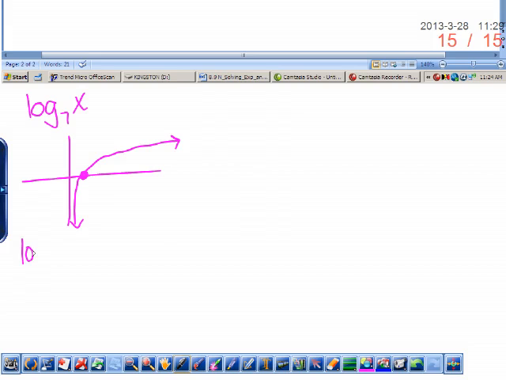So what that lets us know is that if I have log base 7 of 12 and log base 7 of 4, which one of those is bigger if the graph is always increasing? Log base 7 of 12, because the x value of 12 is over here. The x value of 4 is over here, so this y value is above that one. So this one is bigger. Everyone okay with that? I have no idea what those actual values are. I just know which is bigger, and that's what you're going to be comparing.